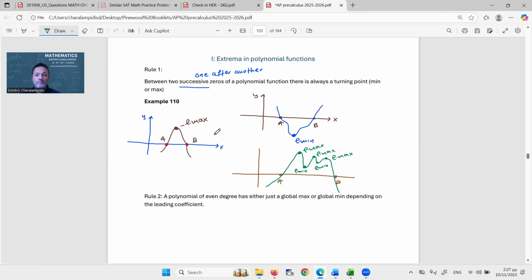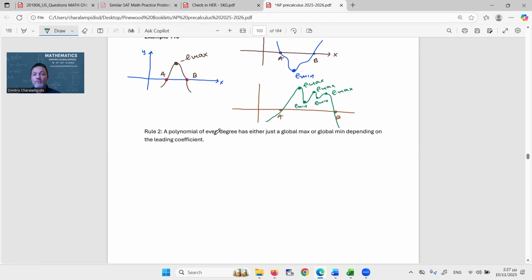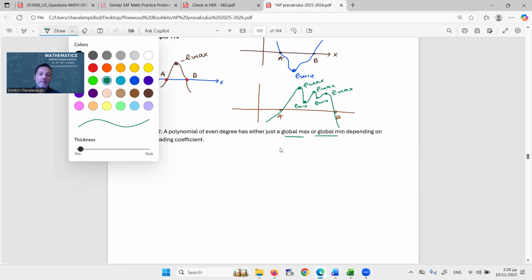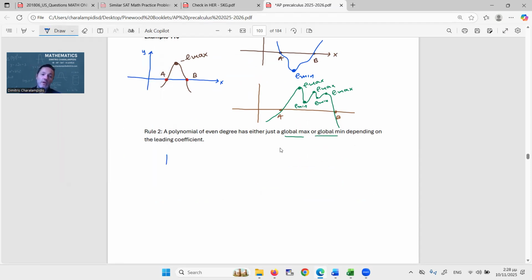Rule number 2. A polynomial of even degree has either just a global max or global min, depending on the leading coefficient. Now, in this rule, we start talking about the presence of a global max or a global min. Remember that so far we were talking about local max and local min.